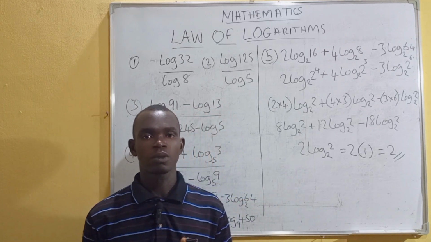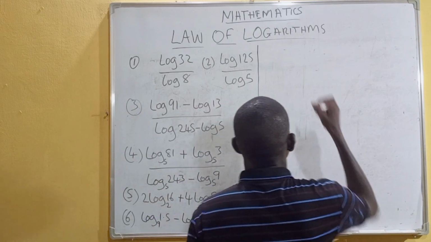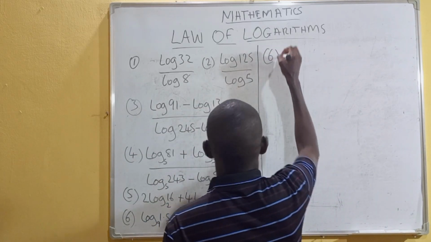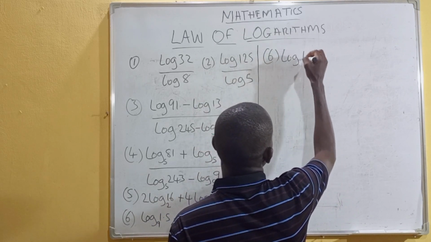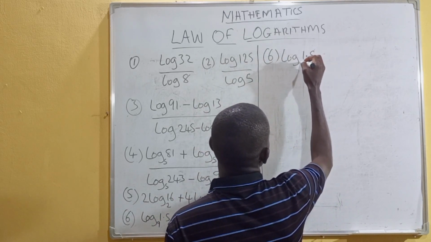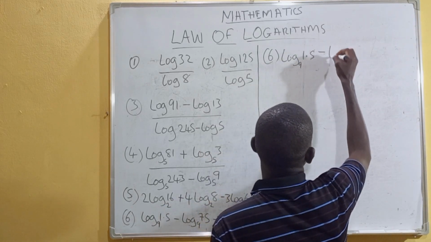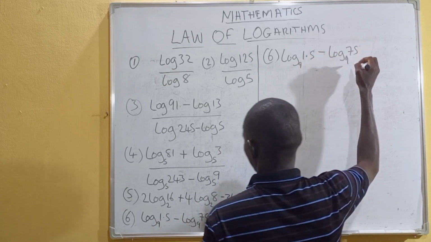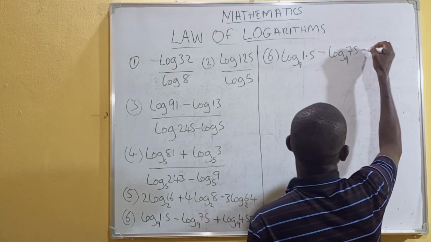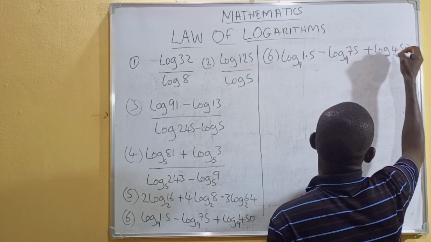Let's look at question 6. Question 6. We have log of 1.5 with a base 9 minus log of 75 with a base 9 plus log of 450 with a base 9.